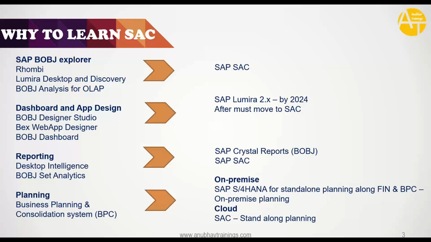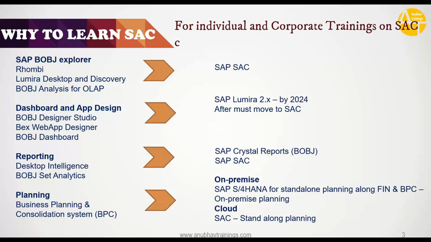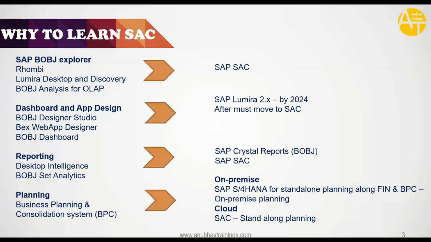For dashboard and application design, you're using today BObJ Designer Studio, BEx Web Application Designer, and BObJ Dashboards. You are right now having Lumira, which is going to be maintained till 2024 by SAP, and after that you must migrate to Analytics Cloud. For the purpose of reporting, you are already using Desktop Intelligence or BObJ Analytics, and eventually you would have to do all of that using either Crystal Reports in BObJ, or you can choose SAC for that purpose.